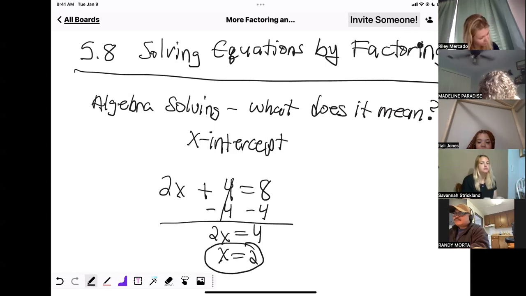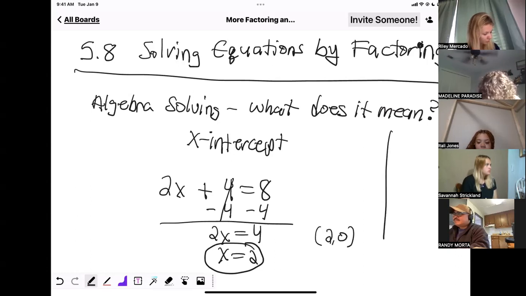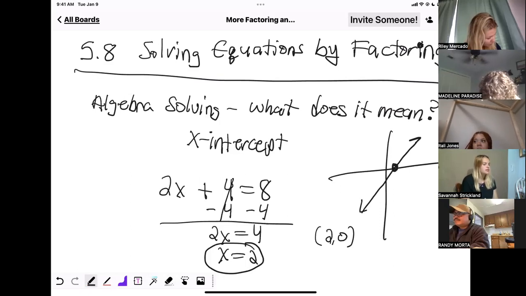So what I really found is, if I actually graph this equation, it would be the x-intercept. It'd be the x-intercept of (2, 0), and it'd be something like this. That's my solution. That's my answer. There's a couple other names I'm going to give for it in a few minutes, but that's what it means by solving.